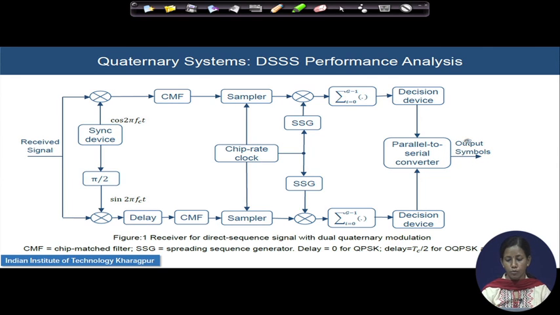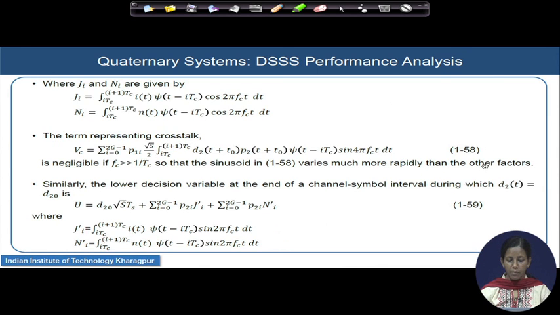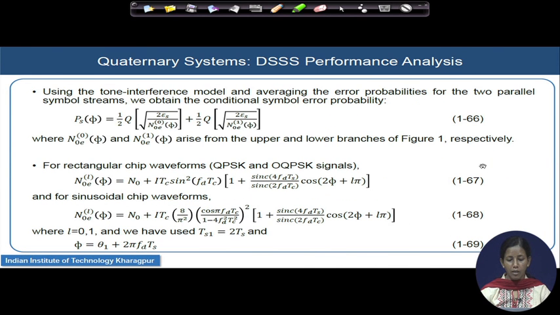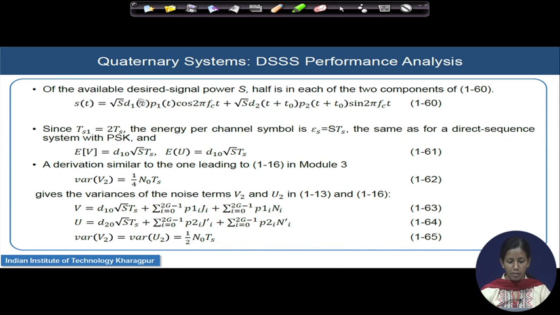Here, if we consider the total symbol probability PS, it will be a combination of the individual branches' error probability, and the contribution should be such that half of the time the error is equiprobable in both the branches. So, it will be half plus half, and as they are having a Gaussian distribution because of the understanding of all this expression.